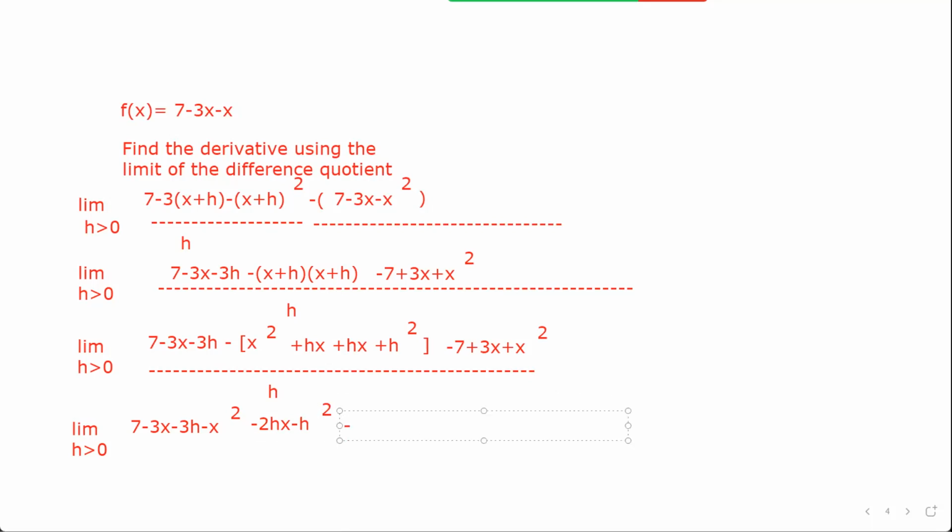So this is minus 7 plus 3x plus x squared. Notice that I didn't change any of those signs because there was no negative in front of this parenthesis. So I just copied this. The negative that I distributed was this one. You see?